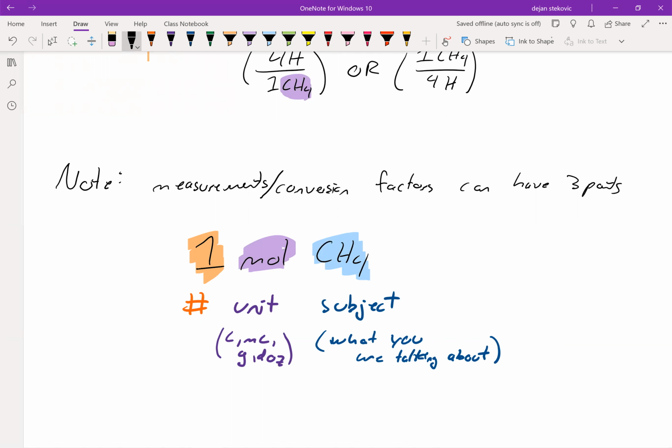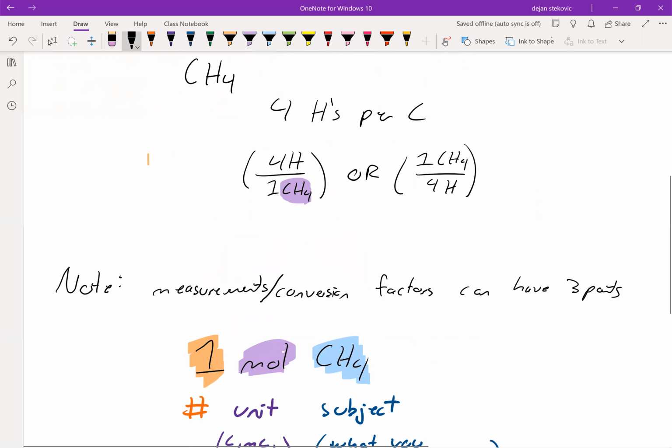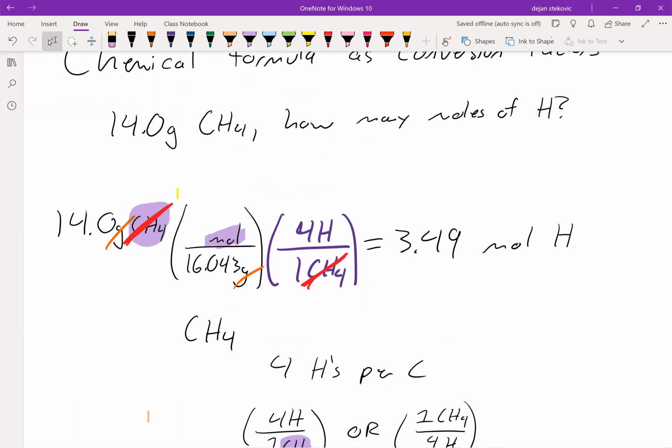Are you measuring out some amount of gas? That kind of thing. You can see that came into play right here, where we had this CH4. If we didn't include the subject here, we wouldn't have known to put the CH4 down here. You could logic and reason your way through it, but if you include all 3 parts of the measurement, it's a little bit easier to do. So just a little hint there.